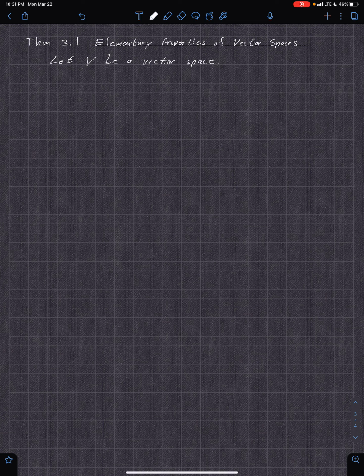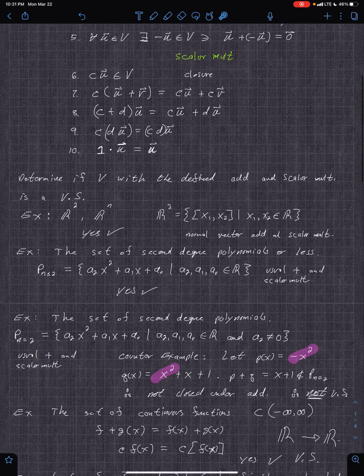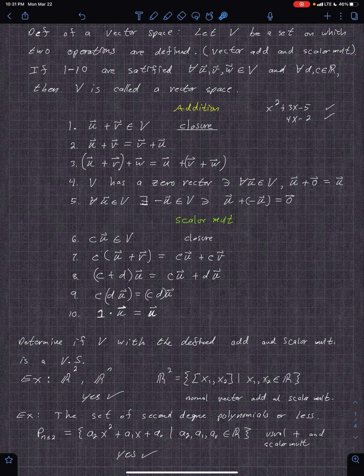Just to be hopefully more clear, when you say it's a vector space, then all of the properties must be true. So then by definition, we have all of these properties. So we may only use these properties to prove the theorem I'm about to write up.